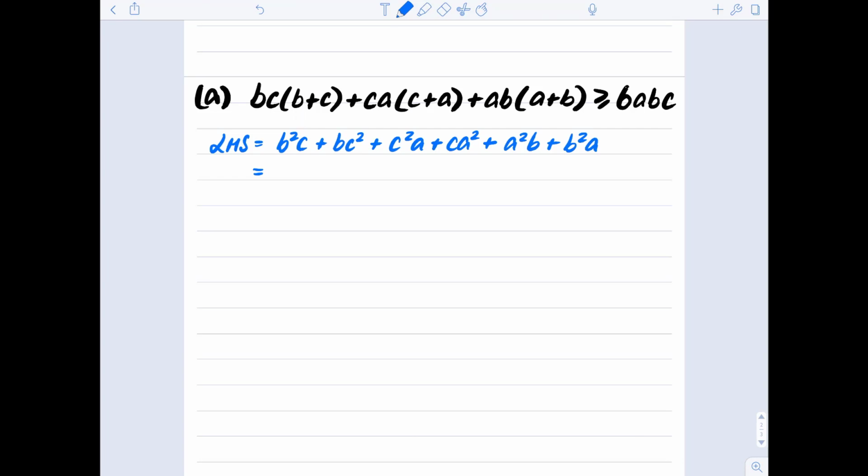First up, notice there's b squared and b squared, there's a squared and a squared, there's also c squared and c squared. Grouping those together is probably not a bad idea. If I group all the a squareds together, I get b plus c. I hope you see the pattern. If I group all the b squareds together, I'll have c plus a. And if I group all the c squareds, I get a plus b.